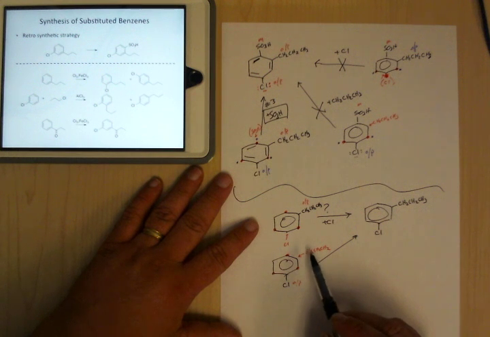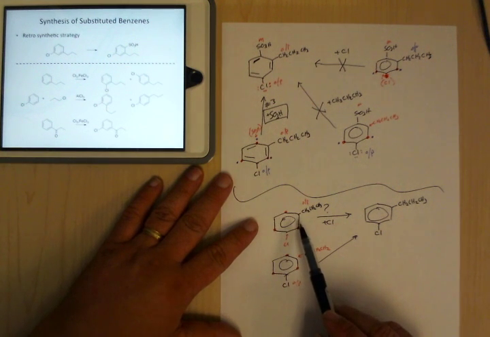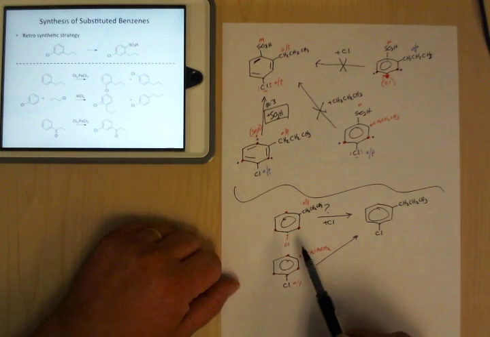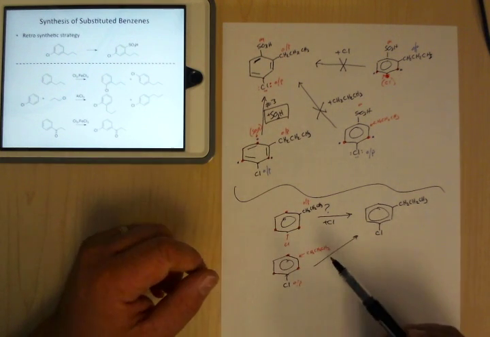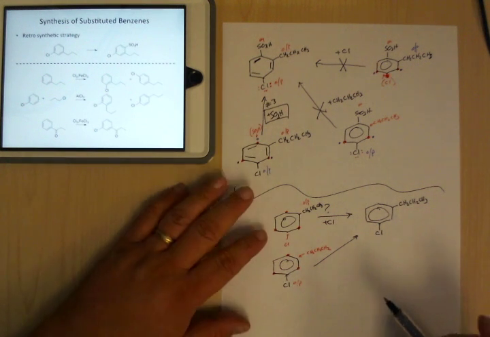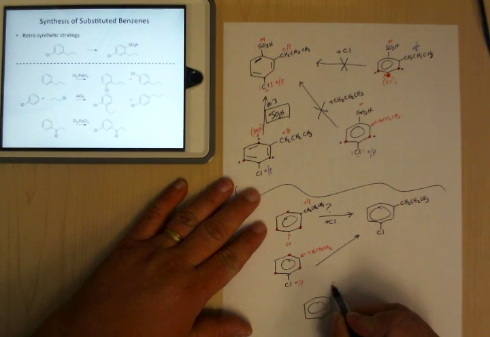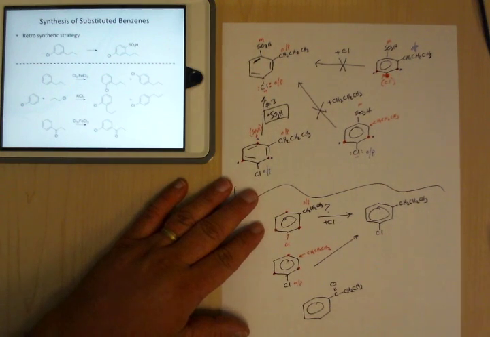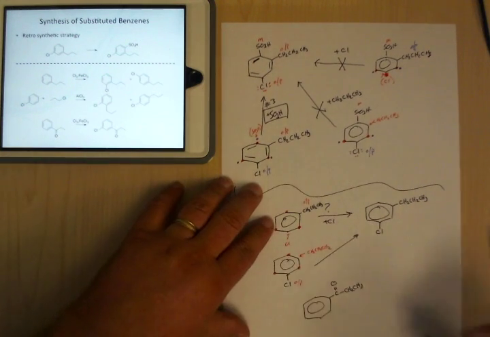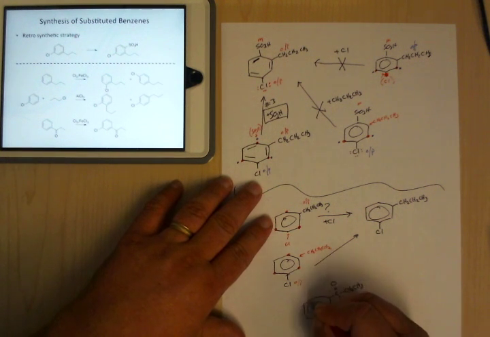Neither one of these works. What do we really need? We need a meta director, because these are meta to each other. What types of things are meta directors? Things that have N double bond O, S double bond O, or C double bond O. So what we really need is this. That's a meta director, which directs to there and there.